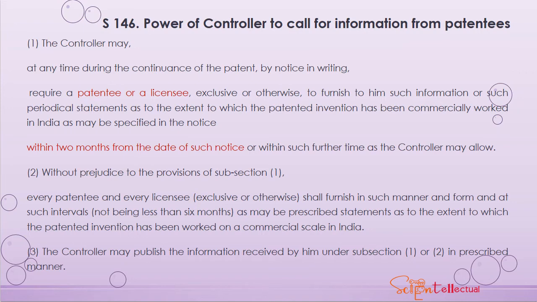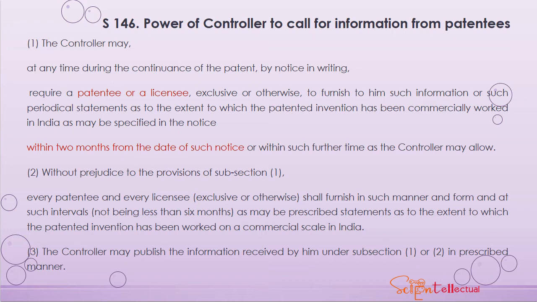Every patentee and every licensee shall furnish, in such manner and form and at such intervals as may be prescribed, that will be discussed just later on, the extent to which the patented invention has been worked on a commercial scale in India.